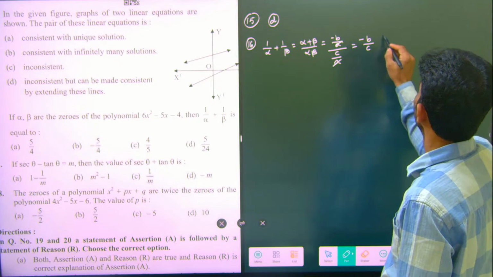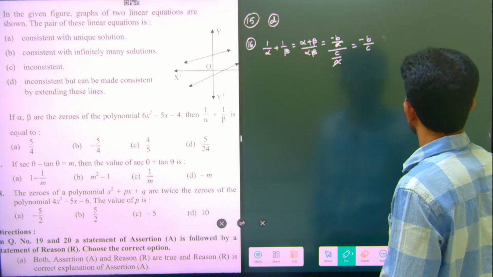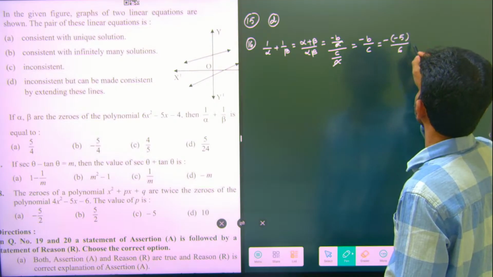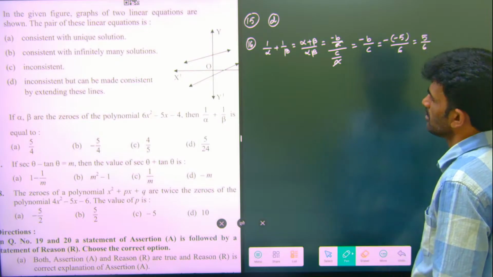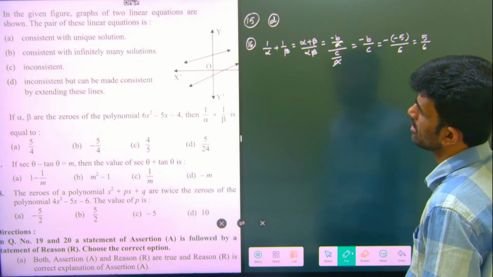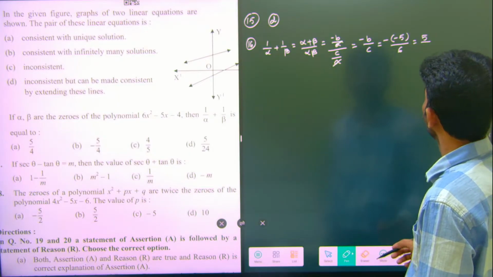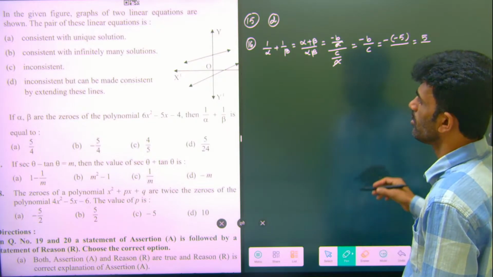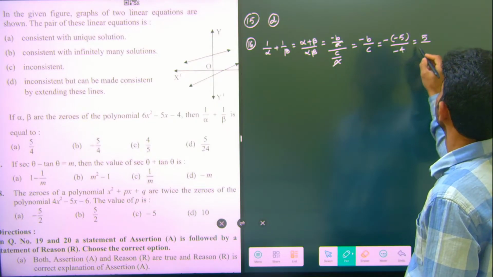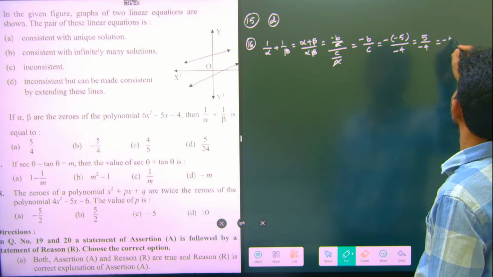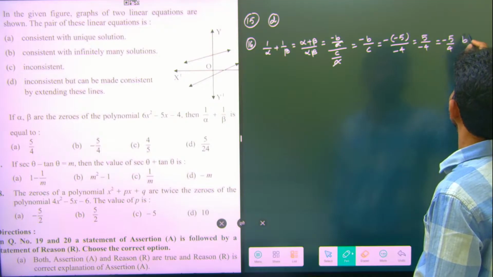Minus of minus 5 by 4, I wrote it wrong. So it is minus 5 by 4. Minus 5 by 4, option B is correct.